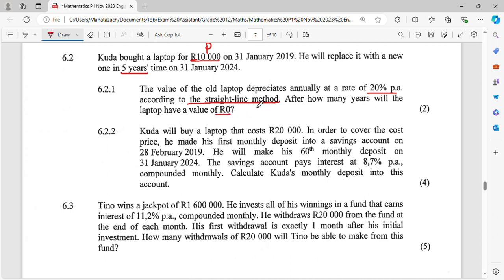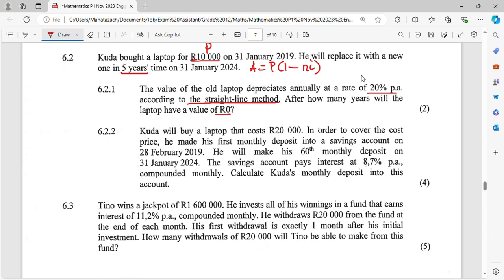So now let me just go back to this straight line method. There's a formula for the straight line method, which is A is equal to P times 1 minus N, so the N is in years now, times I. So the straight line method is calculating the depreciation of the laptop every year. So every year is going to be reducing by the same amount, hence it's going to be a straight line method.